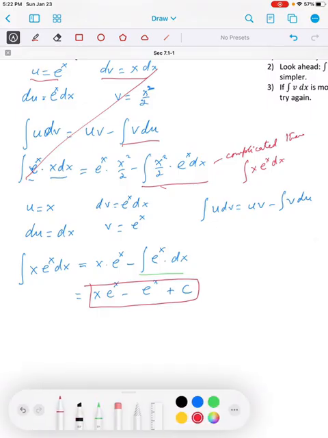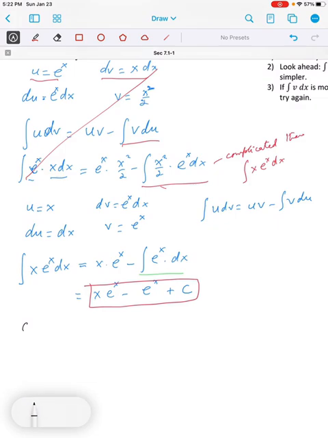And someone might say, well, I'm not sure, is this correct really? So what you can do is you can check. And how can you check? If you differentiate this expression, what do you end up getting? Well, on the first term, you will have to apply the product rule.